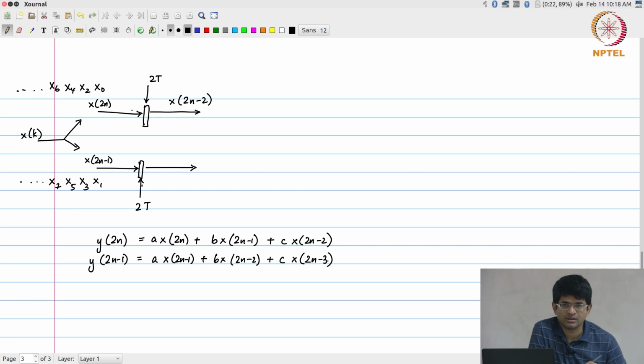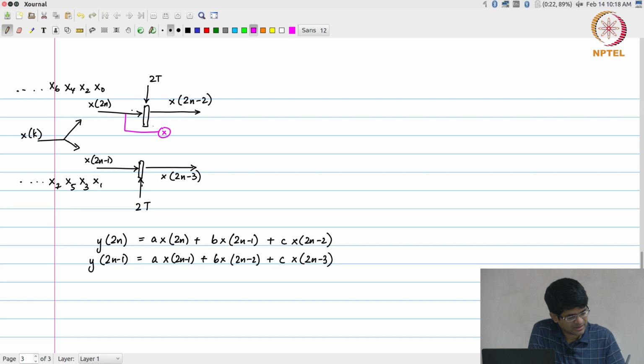Okay. Now, how do I get these values? All that I need to do is observe that if the input on the lower register was x of 2n minus 1, its output is x of 2n minus 3. Therefore, I have all the values that I need.